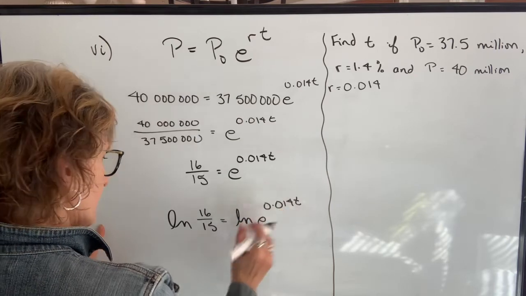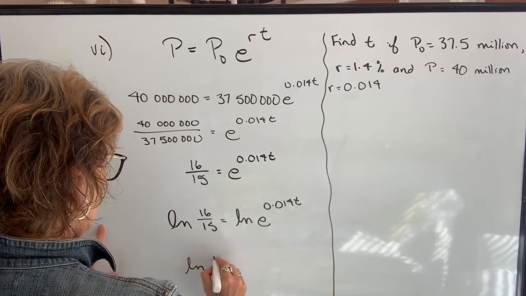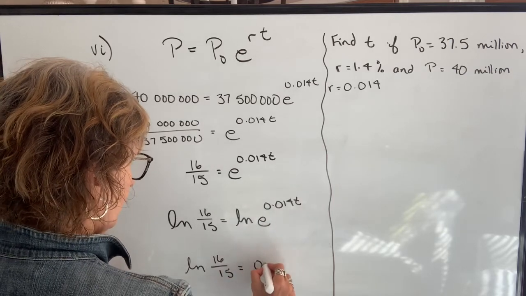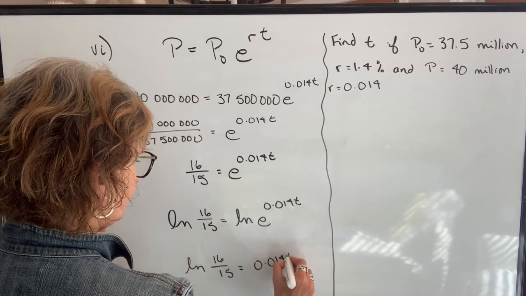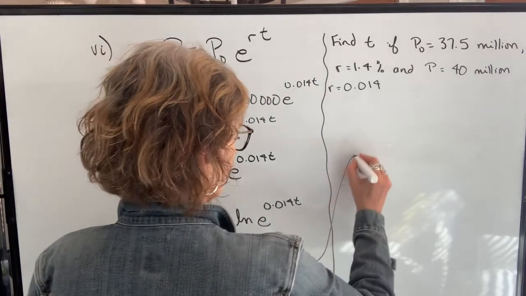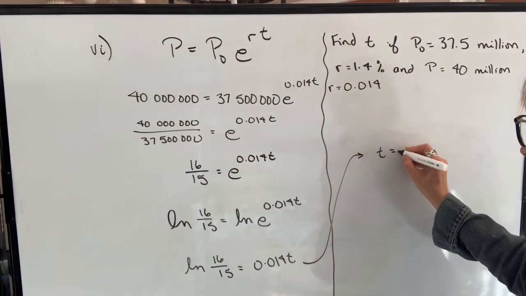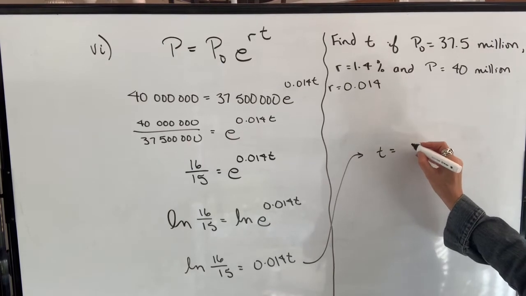One of my properties of logs tells me that this is just simply equal to 0.014t. Now I can isolate t by dividing by 0.014.